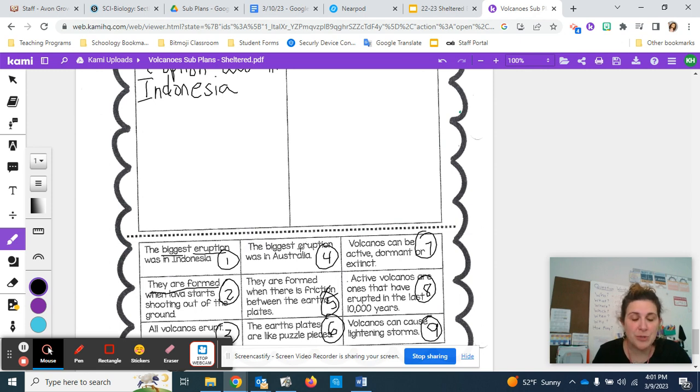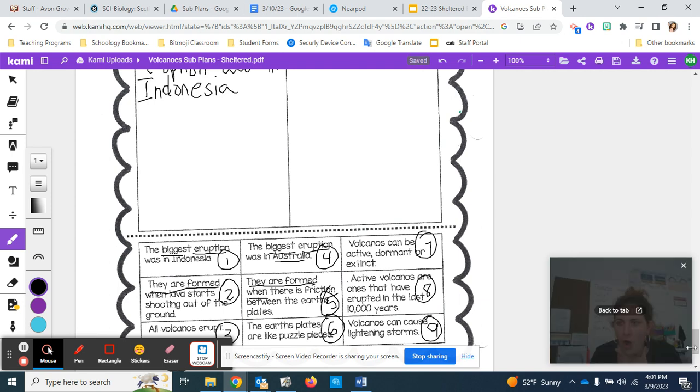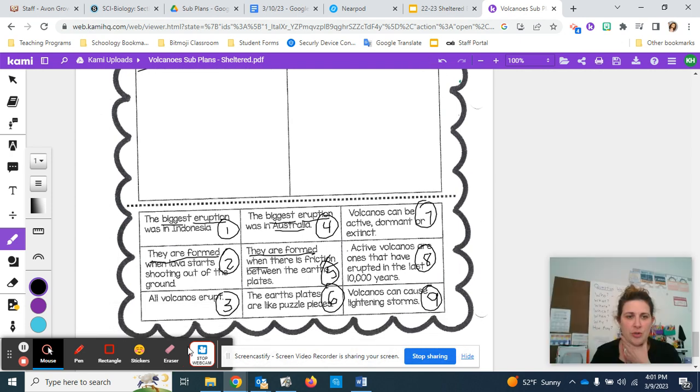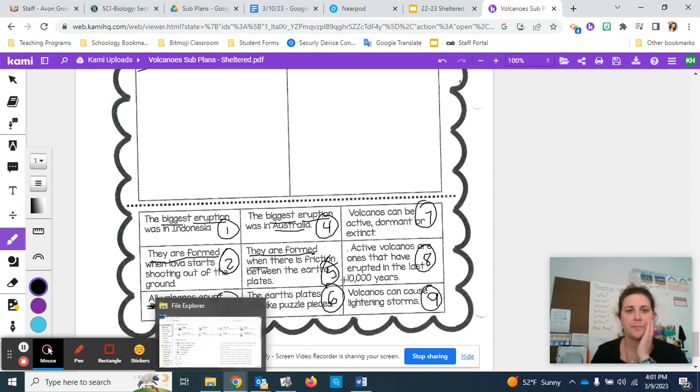The biggest eruption was in Australia. They are formed when there is friction between the two plates. Oh, I skipped it, sorry. All volcanoes erupt.